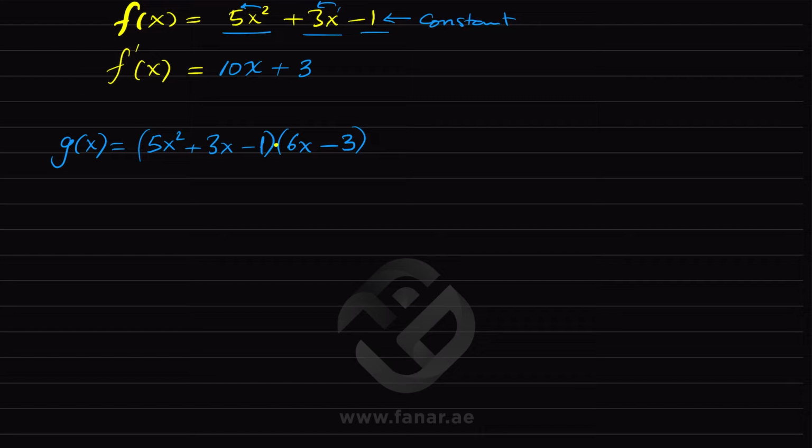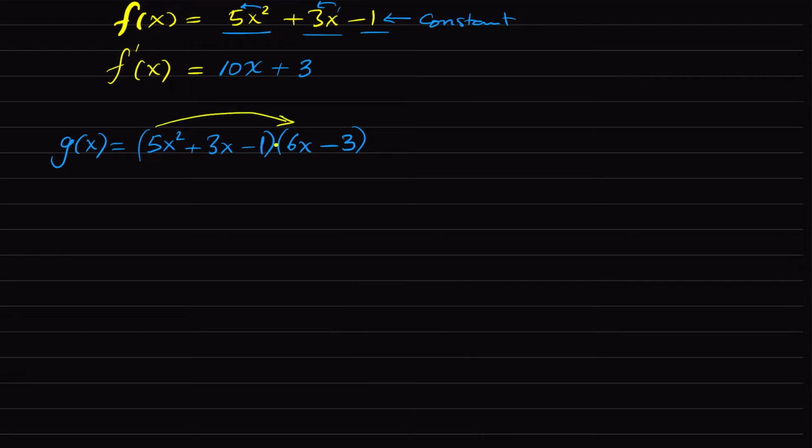So we can expand, multiplying 5x squared by 6x, 5x squared by negative 3, 3x times 6x, 3x times negative 3, negative 1 times 6x, negative 1 times negative 3, and like that. But the problem is, it's too long a process to do it like that. So we will introduce a new rule called the product rule.